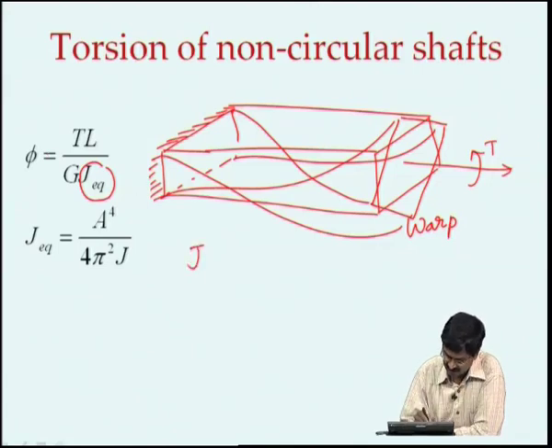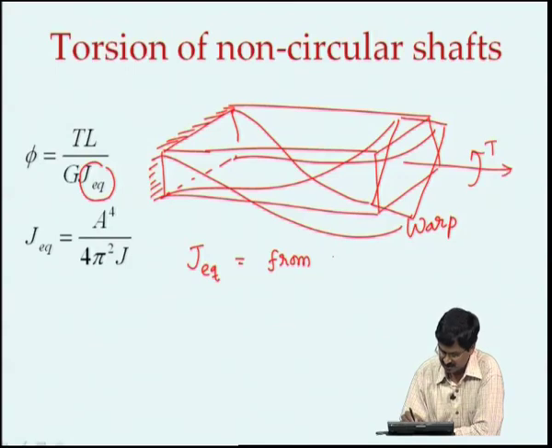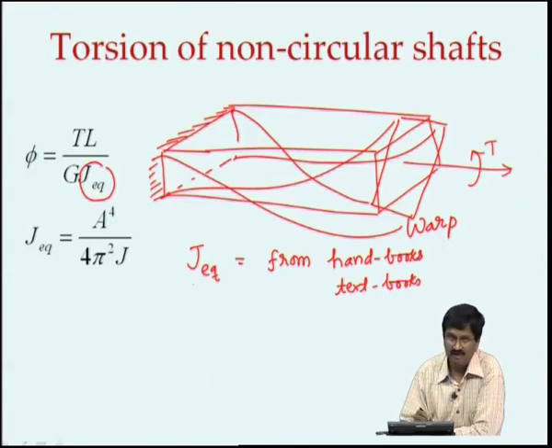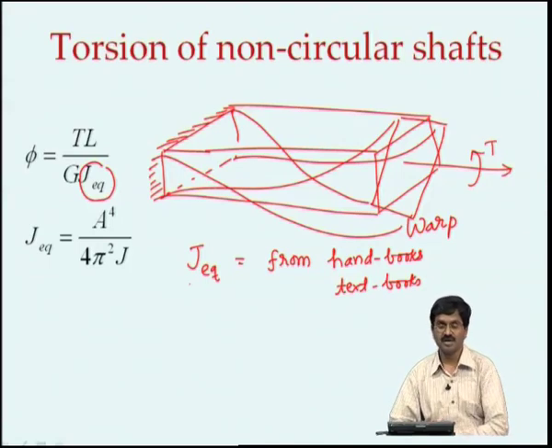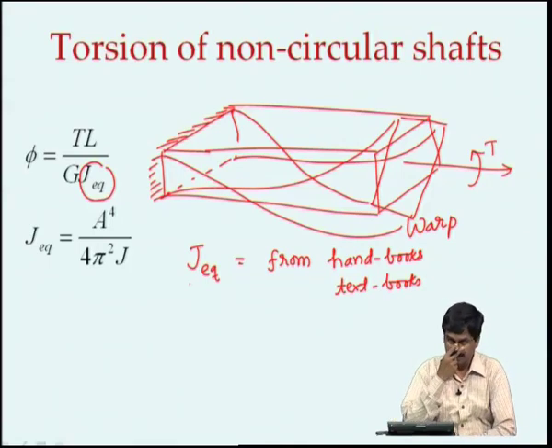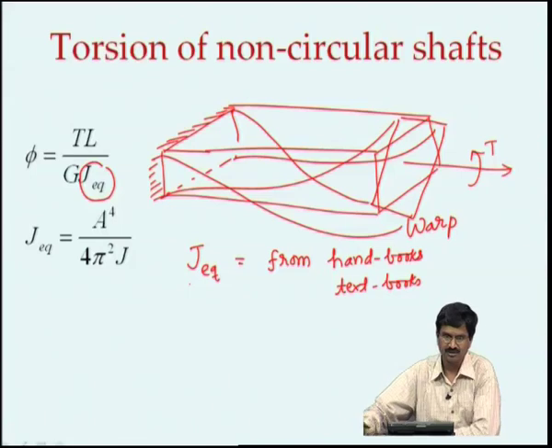This J equivalent will be given in handbooks for different non-circular cross sections. If you look at any strength of materials books, handbooks or textbooks, you can find J equivalent for different cross sections, and that is what we need to use if you want to analyze the Texas Instrument torsion micromirror.